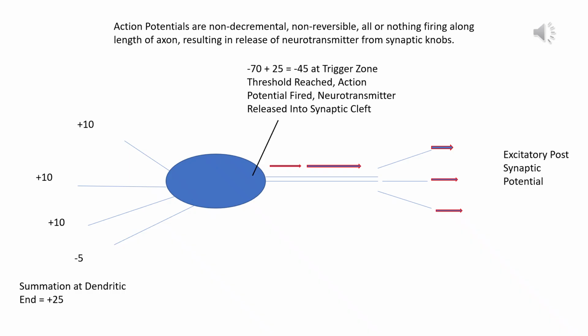Consequently, the signal is transmitted from one cell to another. So this is an example of firing an action potential as opposed to the previous slide where the stimulus was sub-threshold and therefore no action potential was fired at all.